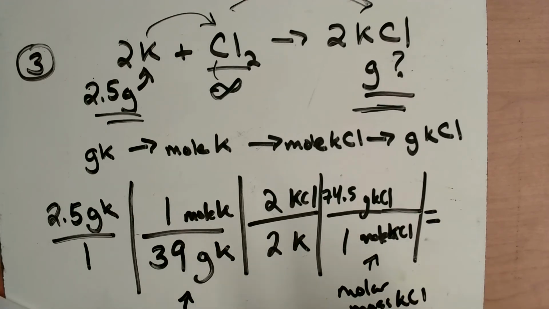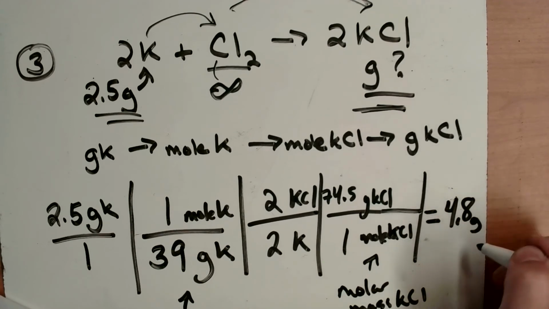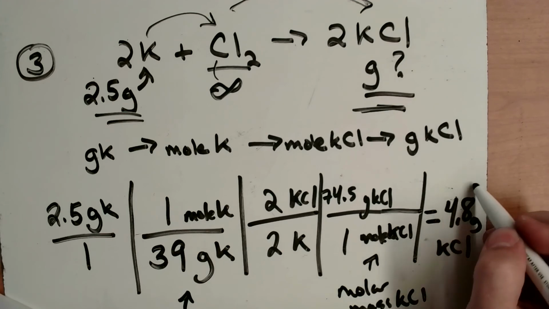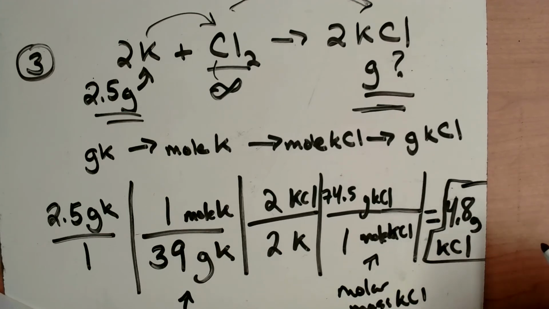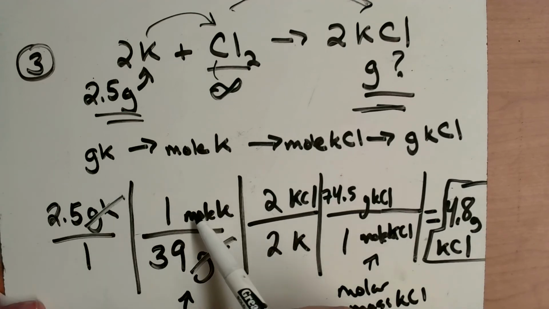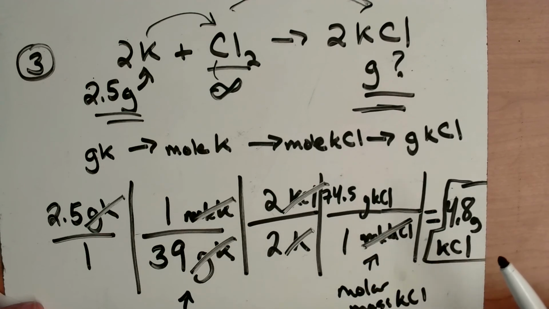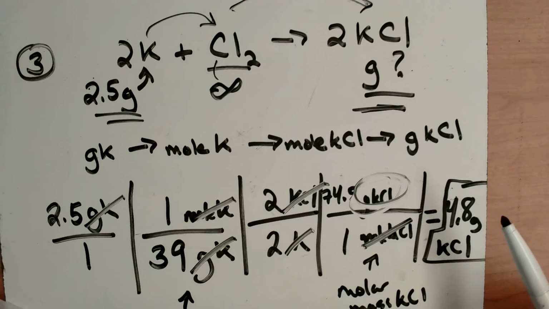Okay, and I get 4.8. So make sure you include units, and then you're going to circle or box your answers here. So 4.8 grams of KCl. You'll also see that the units cancel out: grams of K, moles of K, moles of K, KCl, KCl, right? And you wind up with grams KCl in the end.